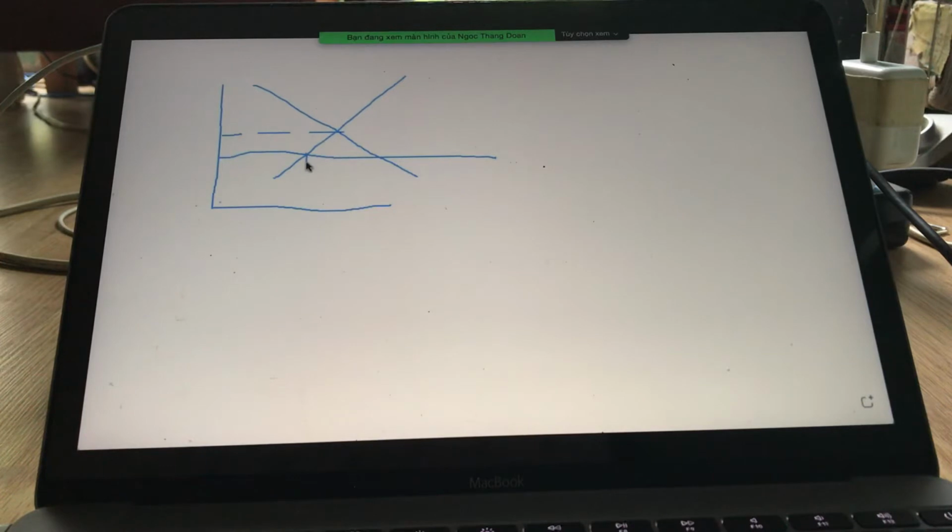So we have here the demand, right? The supply. Okay. And when we look at the central rate, do we have an excess in the demand or an excess in the supply?